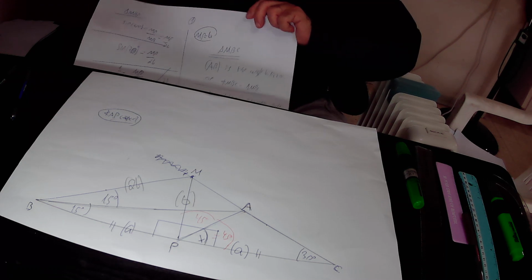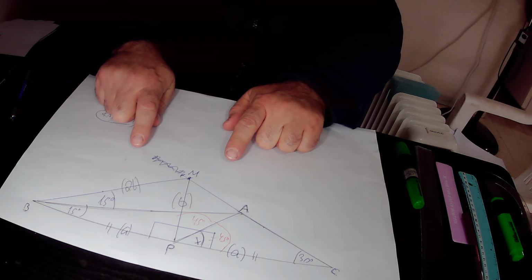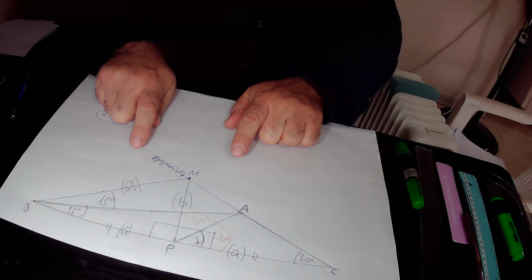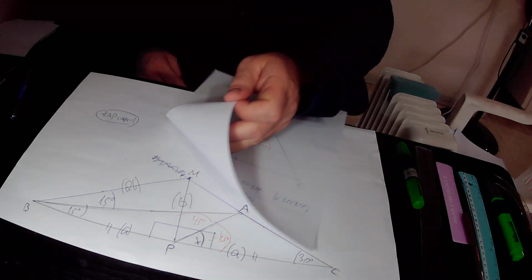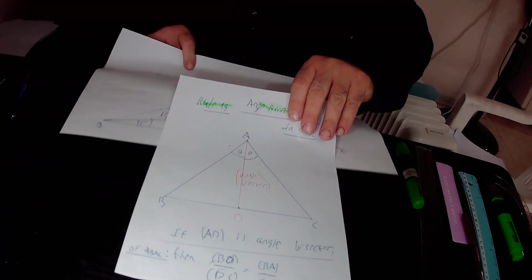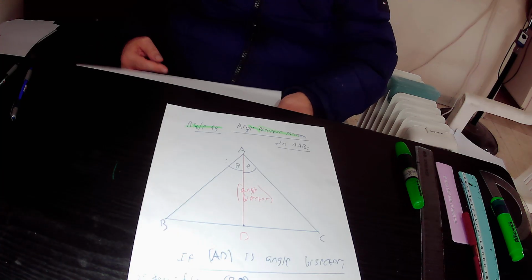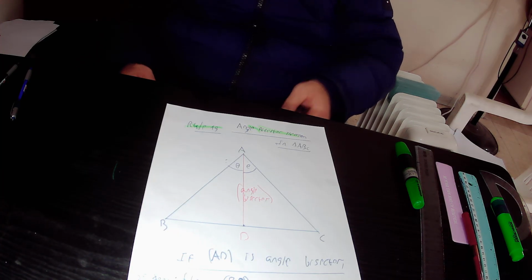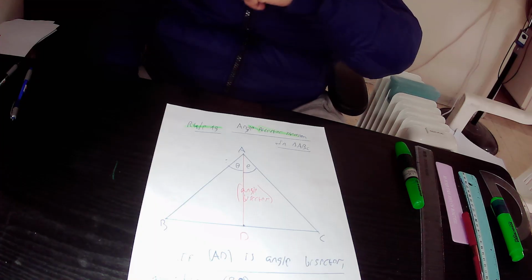Therefore, we can implement here the angle bisector theorem, which is also defined as Rule 19. So let me quickly go over the angle bisector theorem. According to the angle bisector theorem, if AD is the angle bisector of this triangle ABC, then it divides the sides of this triangle ABC proportionally.